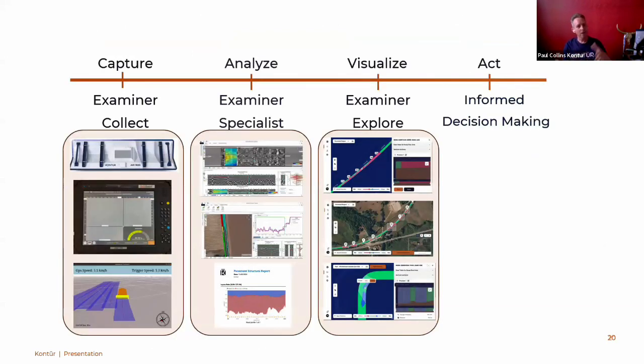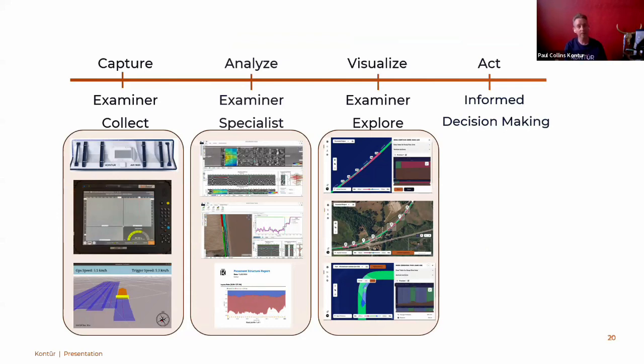In terms of the timeline, these are the products that sit in there. When we capture, we have sensors, Examine and Collect. So we have ways of manipulating the data we're collecting, the density of that data, the depth, the quality of it. We can see where we're driving, what we're collecting.